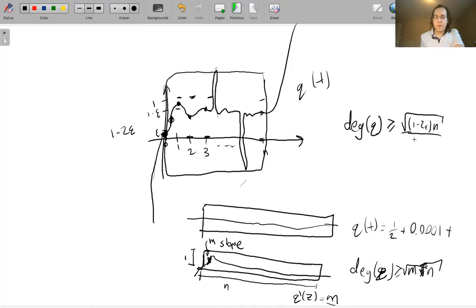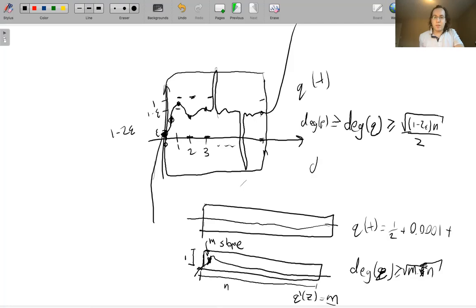I don't really remember what it was, maybe 2 or 3, that we lose by the fact that the polynomial is only bounded on integer points. And because the degree of Q is at most the degree of P, we get that the degree of any polynomial approximating PromiseOR is at least omega root n.